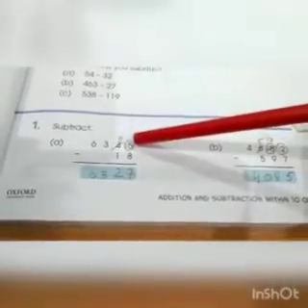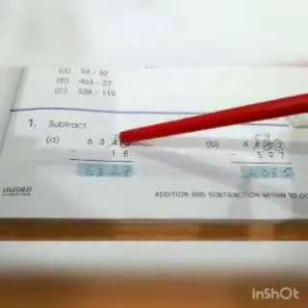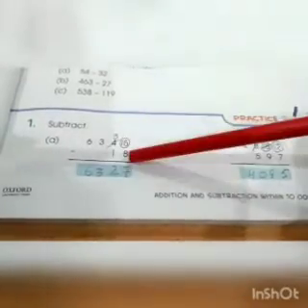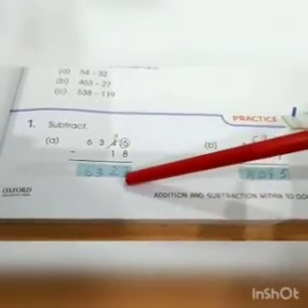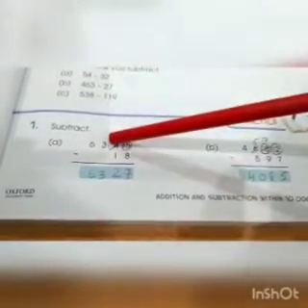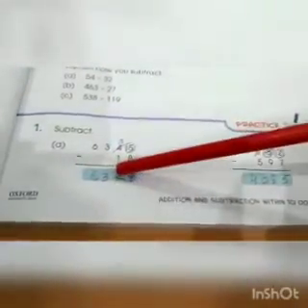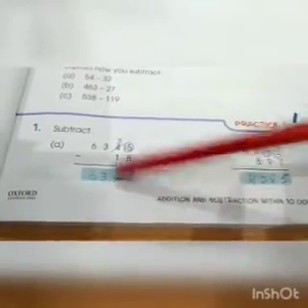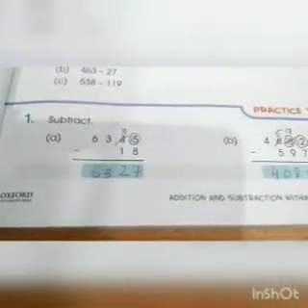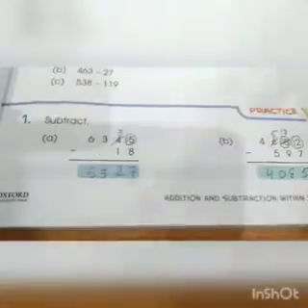Now we can subtract. 15 ones minus 8 ones is equal to 7 ones. Subtract the tens. 3 tens minus 1 tens is equal to 2. Then 3 and 6. You have to write the answer 6,327.